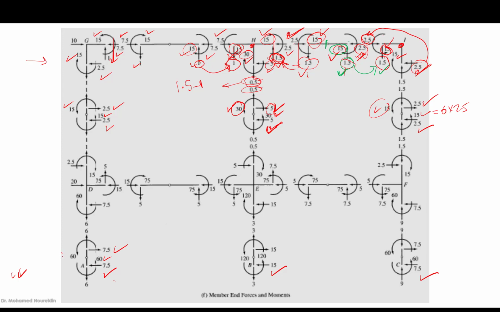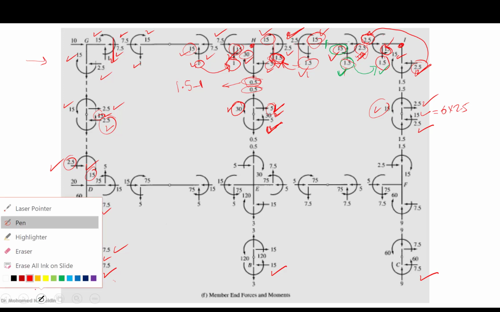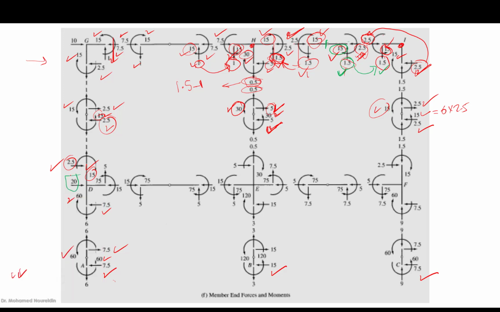This one 7.5 and this would be 60 from the equilibrium of moment and horizontal forces. Reverse that here and here. And from the top here, from this one, 2.5, it is going to be 2.5. 15 here, 15 here. And then remember that we have an external force here. Take care of this, 20.